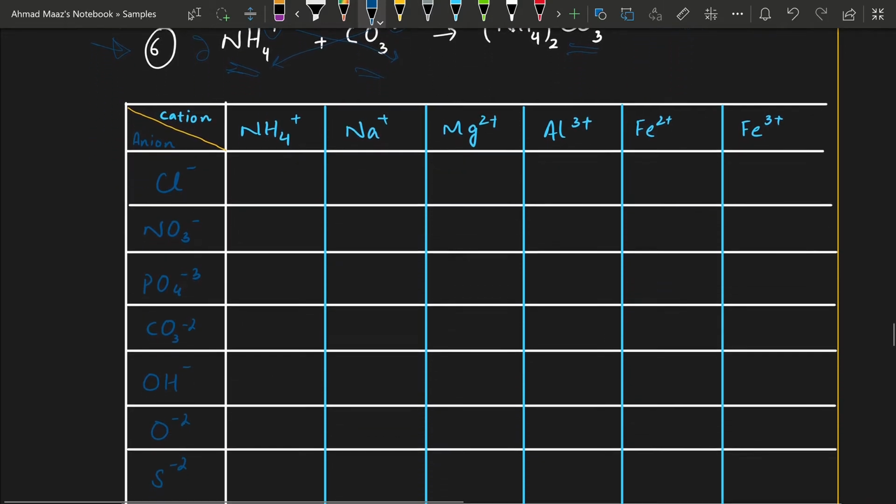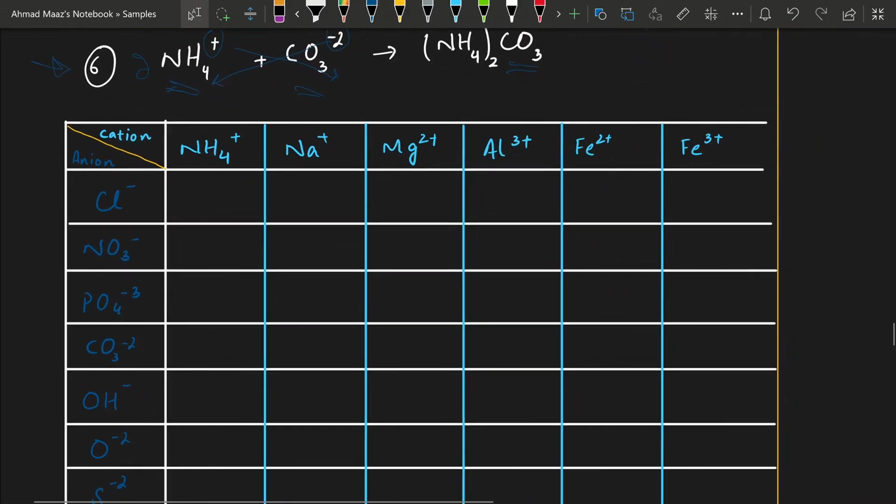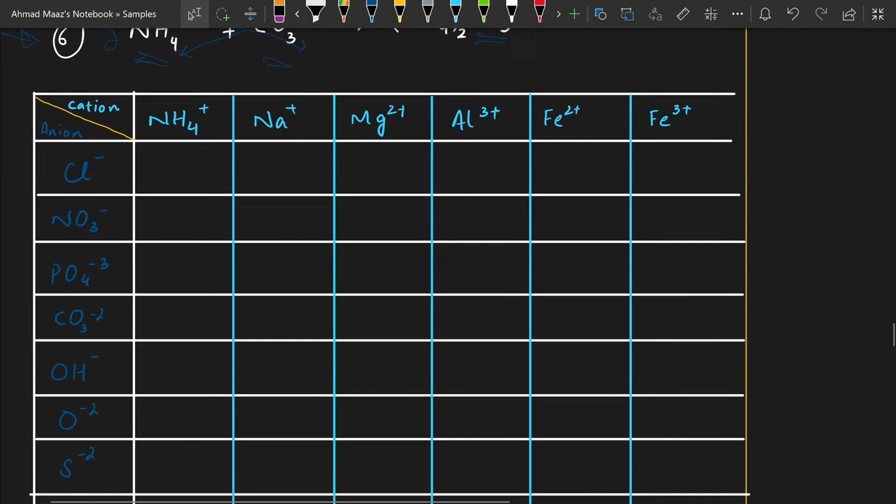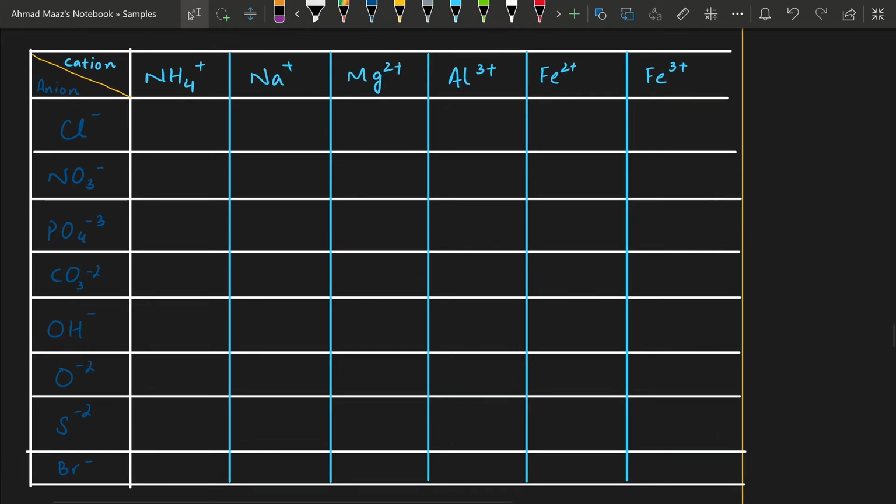So this is a table which you must note down and try to complete. I will solve a few entries over here and I'll leave the rest for you to do. You need to practice it nicely, only then will you be comfortable with compound formation.